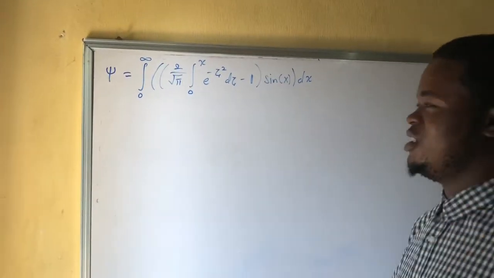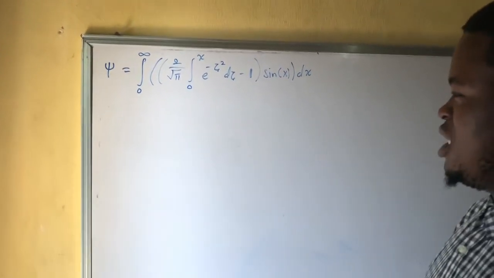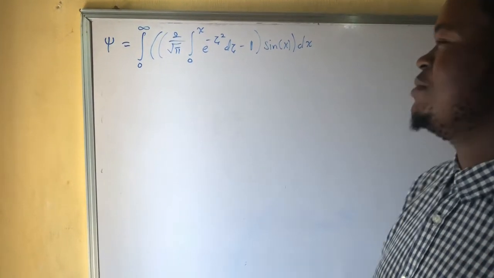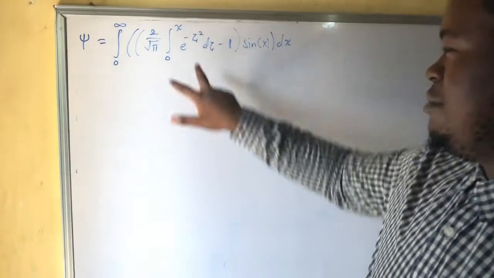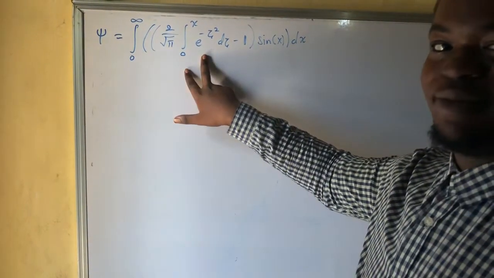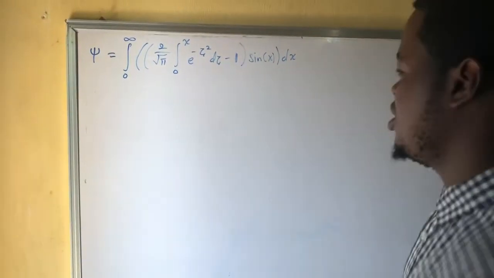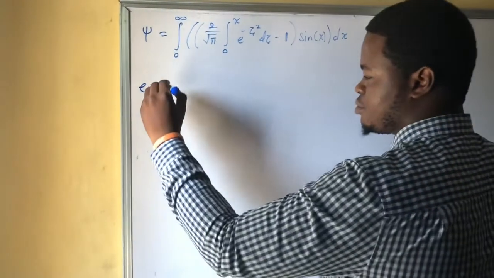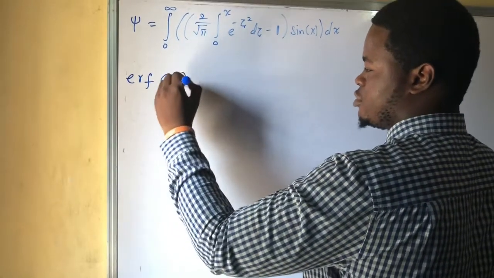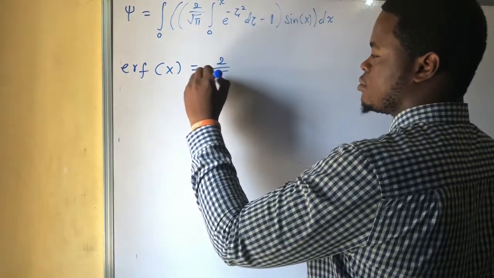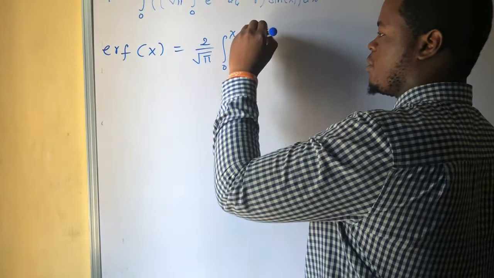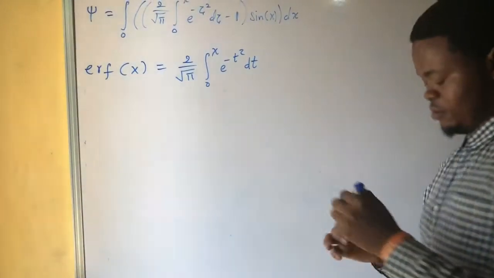it's very easy. Now, before we attack this integral, the first thing that should come to some people's heads is: let me try to see if I can simplify this part. Yes, that is a very good point. We all remember the definition of the error function is this. We all remember, yes.